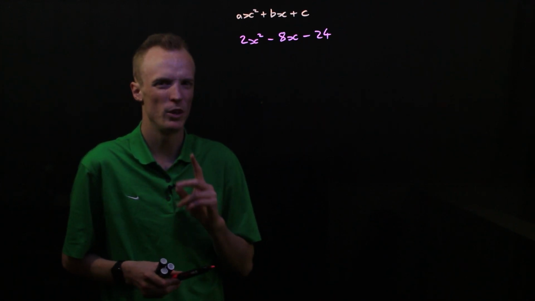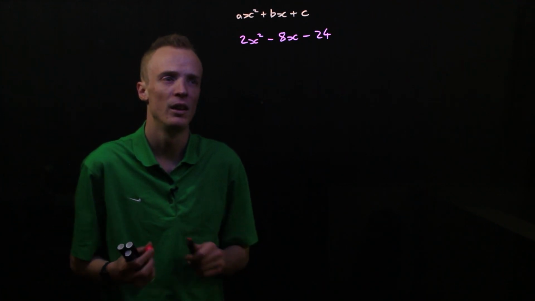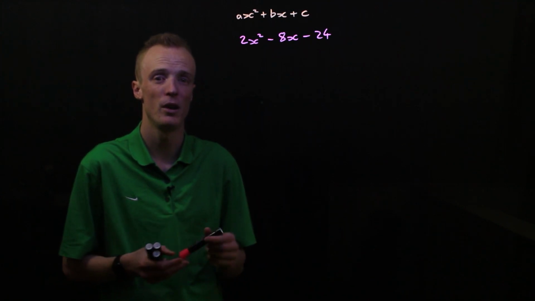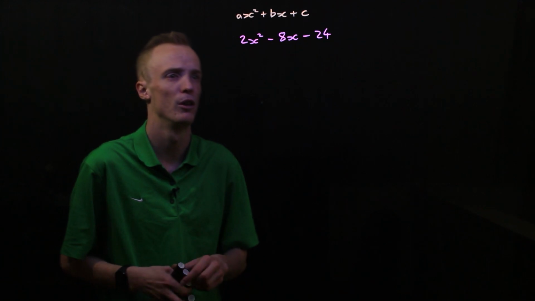But one step that we should always do, it doesn't matter what sort of factorizing you're doing, is we should always check to see if there's a highest common factor and factorize by highest common factor first, because it makes our life a lot easier as we move along.